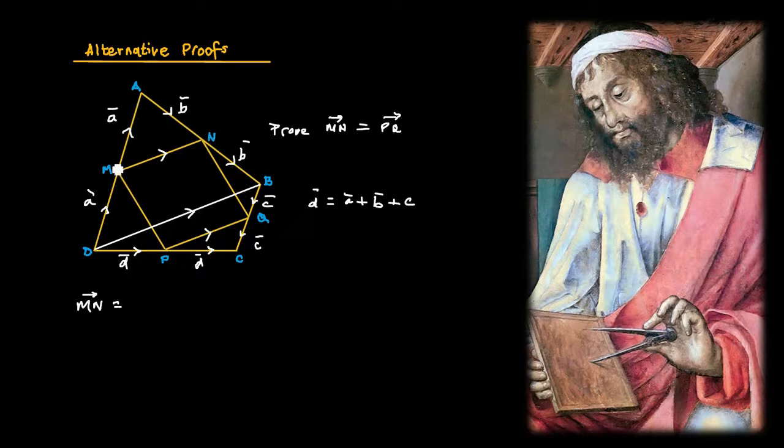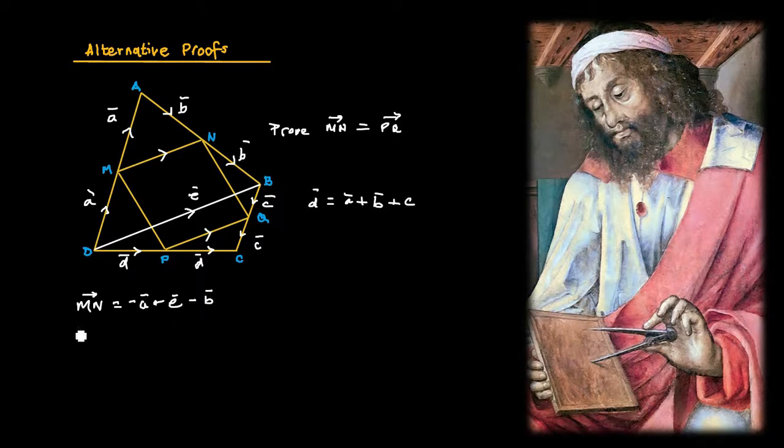So instead of going up A plus B, I'm going to go down. So it's going to be negative A. Positive, well, I need a new vector here, so I'm going to call that E. So positive E. And we're going negatively along here to get to our tip. From B to N is going to be minus B.